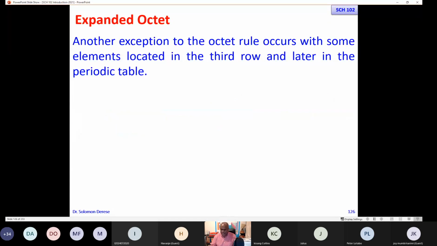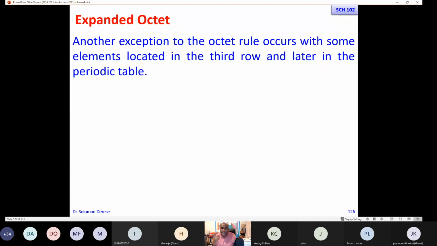Let's first discuss this. For example, if you take carbon, nitrogen, oxygen, and fluorine, these elements in the second period of the periodic table follow the octet rule because the number of electrons required to fill the valence shell of the second shell is 8. 2 of them are in the s subshell and 6 in the p subshell.